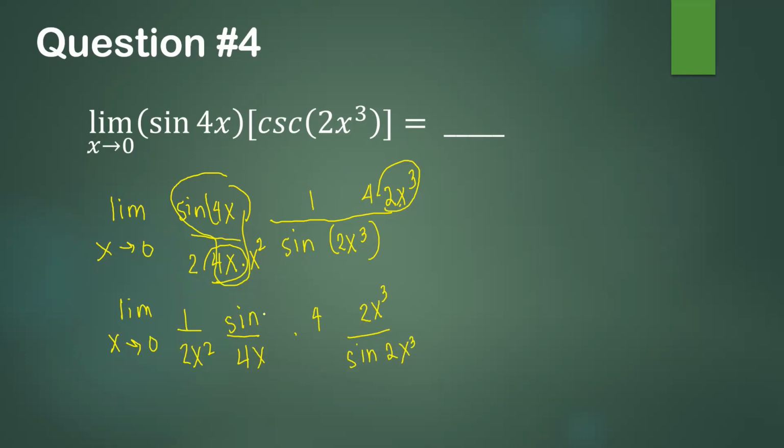Oh, sorry, I forgot the 4x here. So this one will become equal to 1 as x approaches 0, same as this one. Actually, we could have just used 4. Anyway, the 4 and 2 also cancel, so that will be just 2.